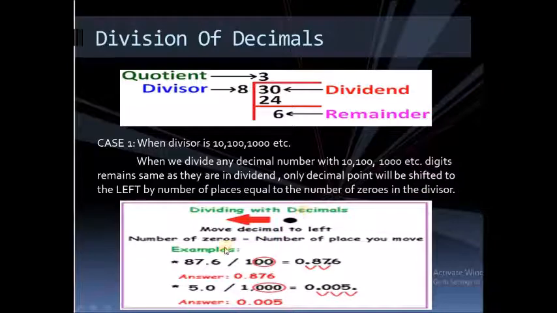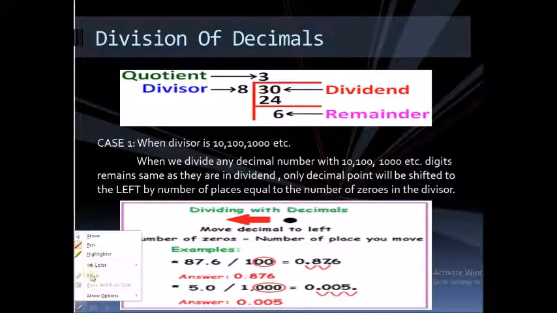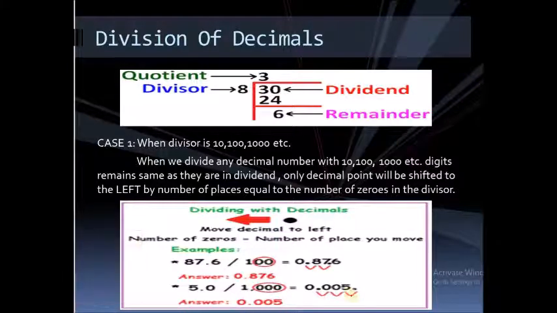Let's see one example here. The example is 87.6 divided by 100. My digits, that is 8, 7 and 6, are the same as they are in the dividend. The only difference is of the point.